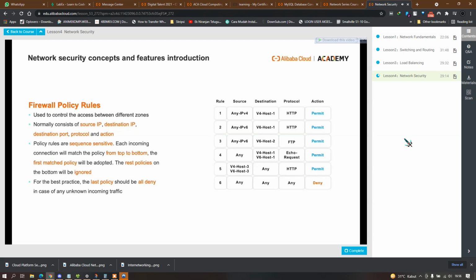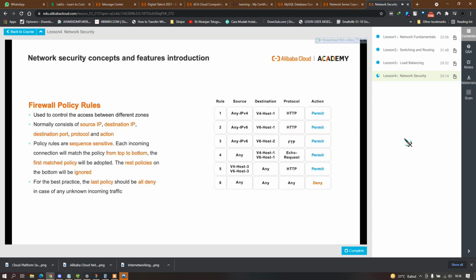It will match the first policy that it matches, and so with this principle, for best practice, we will put the last policy as the deny-all policy in case of any unknown incoming traffic, because there are some scenarios where for some connections there is no policy defined in the policy rule list.